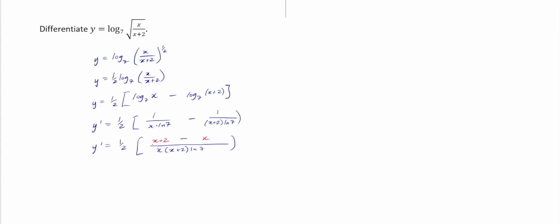Hopefully you can see that the x's will cancel because x minus x is equal to 0. So then I'll only be left with a 2, but then I have this multiplier of 1 over 2, so that 2 will cancel. And then we will end up with the final answer, which is 1 all over x plus 2 ln 7.